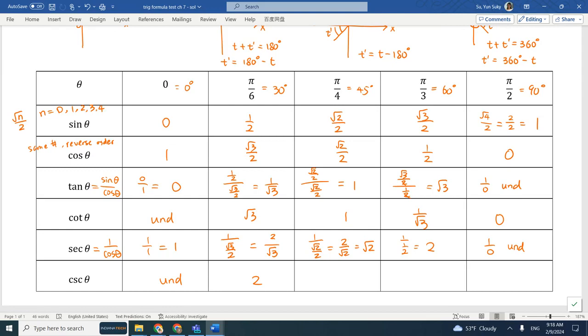Yeah, which is square root of 2. 2 over square root. Yes. 1. Yes. Okay. So this is the formula we need for chapter 7. So does everybody know how we derive all these numbers?